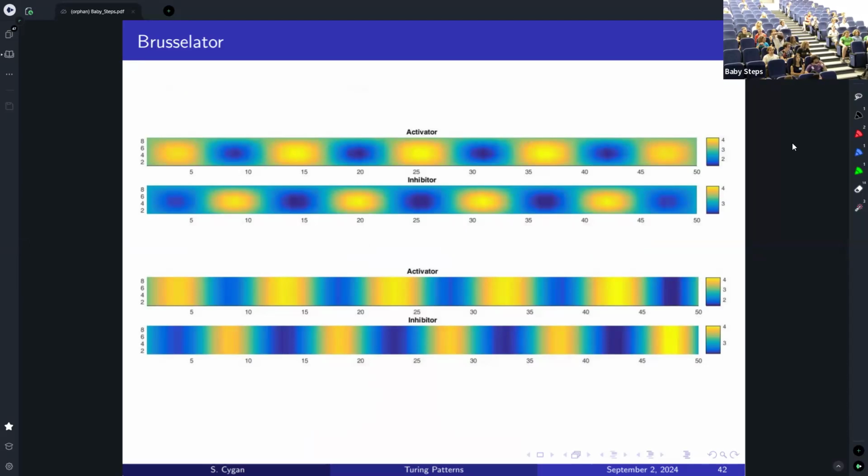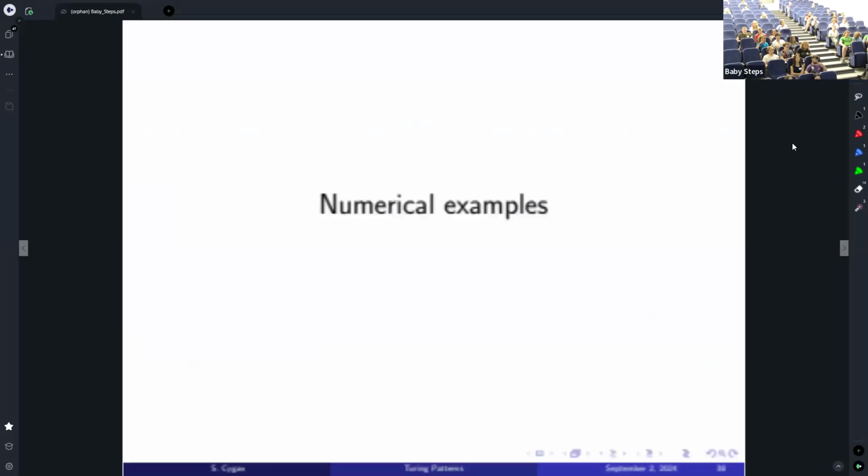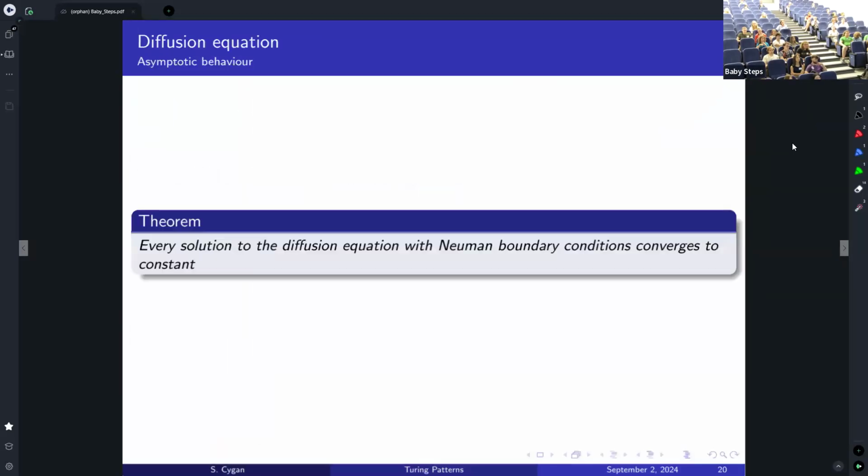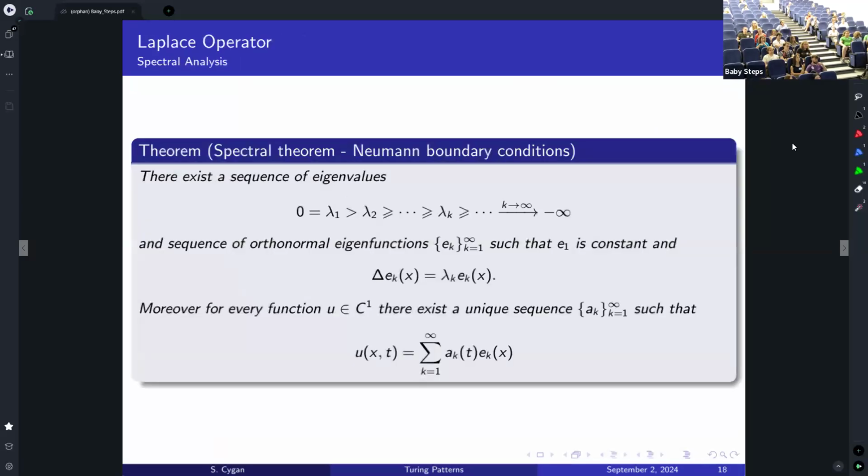What happens in the case when our domain is unbounded, but it shrinks in one direction in such a way that its measure is ultimately finite? Well, that's a hard question, because when the domain is unbounded, then we have a problem with the spectral theorem.